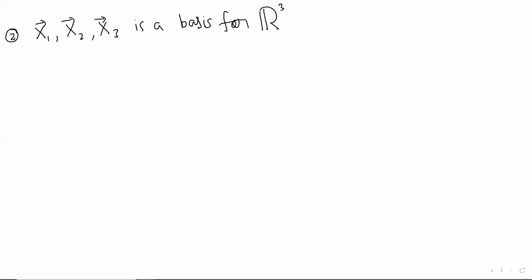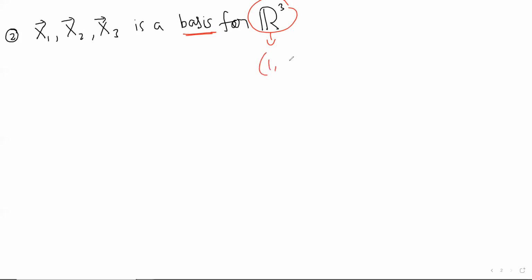Okay, can you just define basis for us, quickly? So a basis is a maximal linearly independent set. In a simpler way, it spans R cube and it's also linearly independent. So all you are saying is that given anything in R cube, you can write it as a combination of these three.